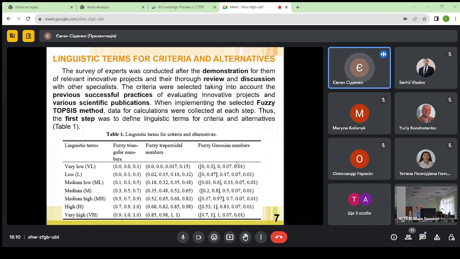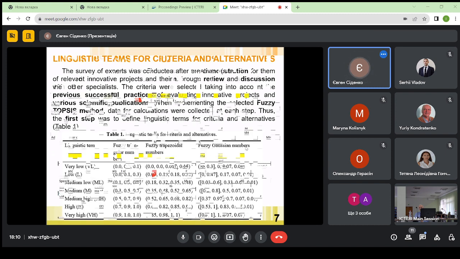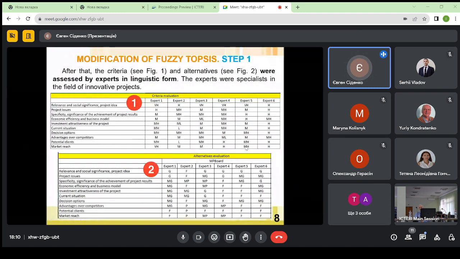The first step was to define linguistic terms for criteria and alternatives, and we define 7 linguistic terms, and they are fuzzy triangular, trapezoidal, and Gaussian numbers. On this slide, you can see that all experts assessed criteria and alternatives in linguistic form, and the experts were specialists in the field of innovative projects.